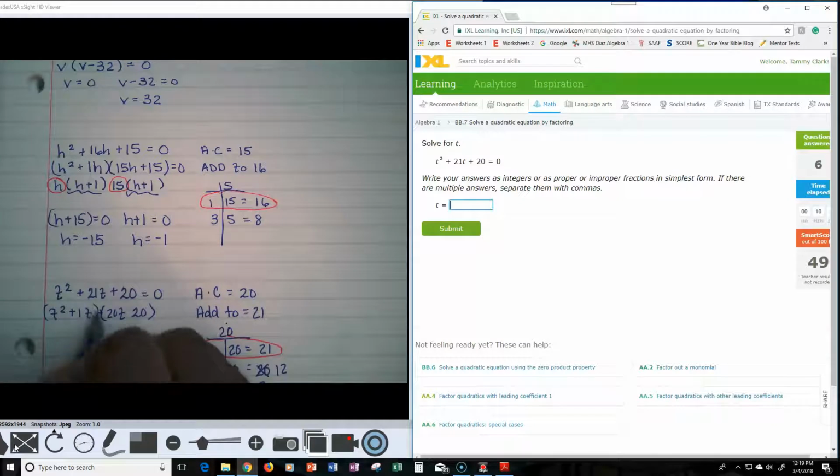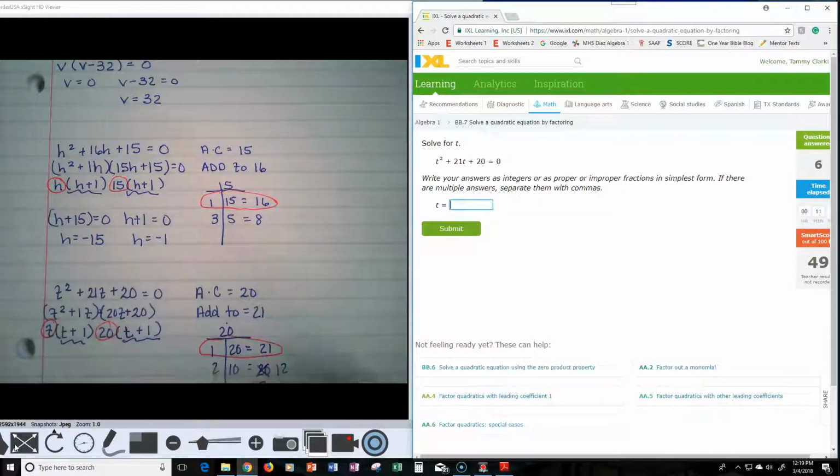parentheses around both. Take out what's common in the first one, we take out a t, and that leaves us t plus 1. Take out 20, and that leaves us t plus 1. These go together, write them only once.